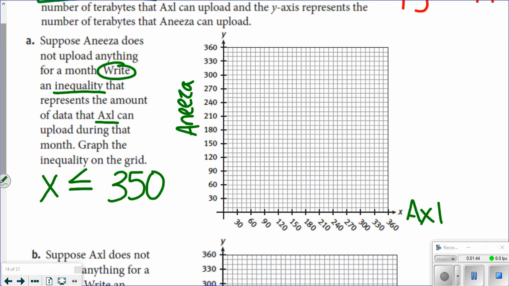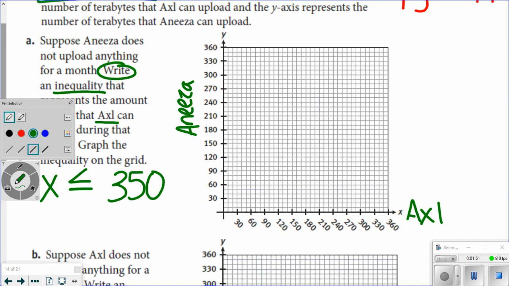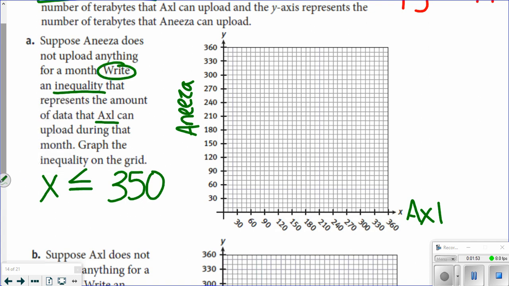So in order to graph this, remember in activity 15 when we were drawing vertical lines at X equals a number?